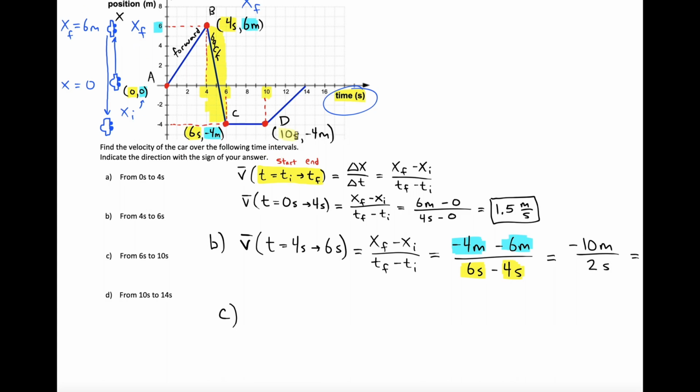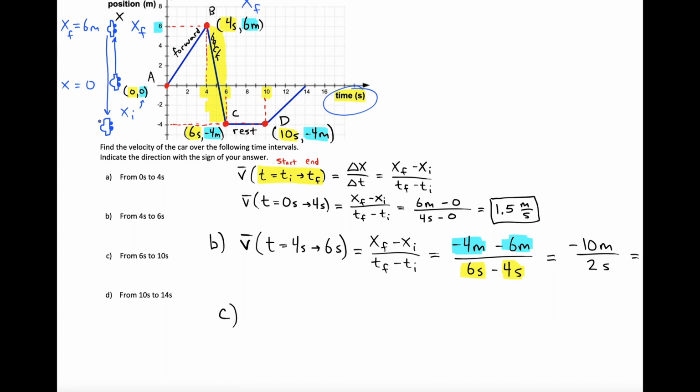Interestingly, it has a different time than point C, but the same location as point C. Because if you trace point D over to the vertical axis, it also hits at -4. This indicates that our car doesn't go anywhere during that interval. It's in a situation which would be called rest.